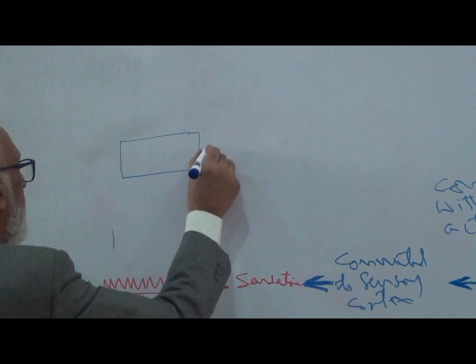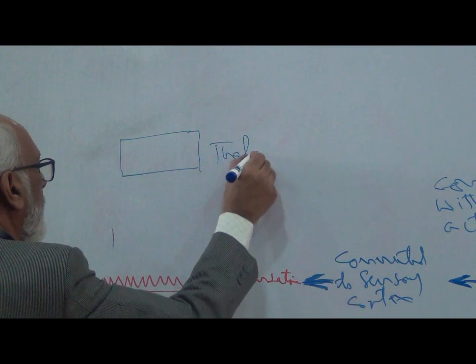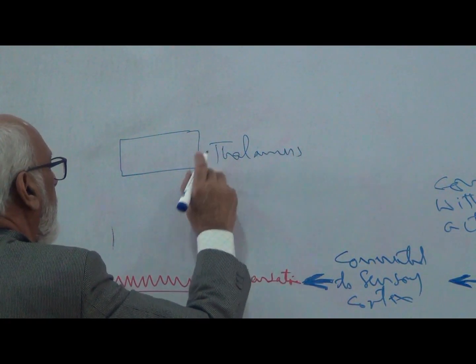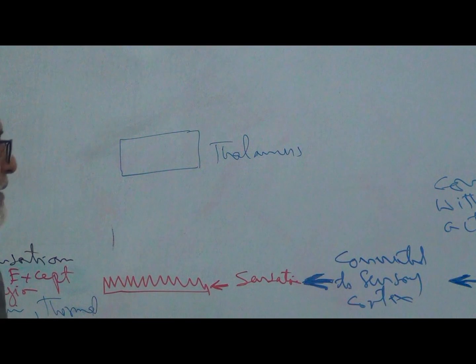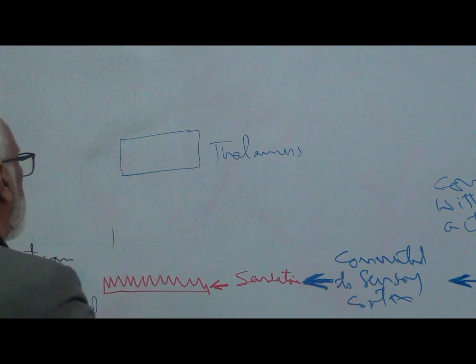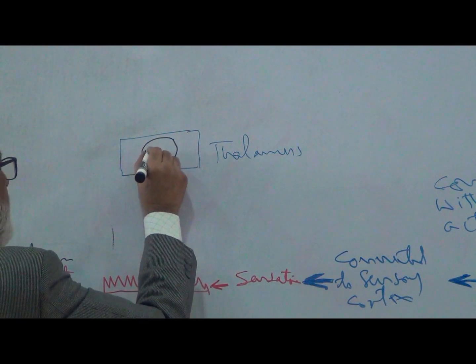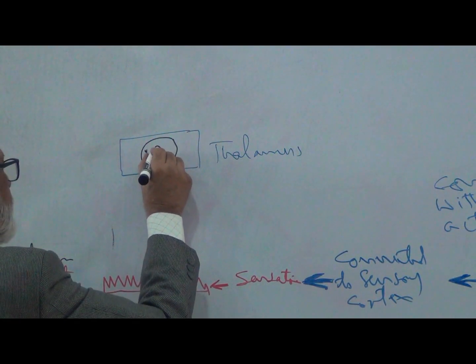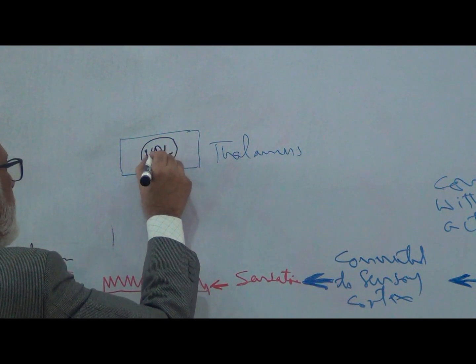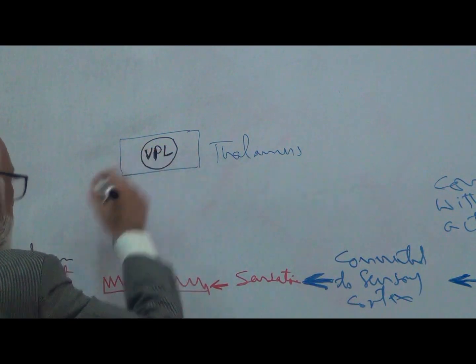Suppose this is the thalamus. And which nucleus? The ventral posterior lateral nucleus of the thalamus.